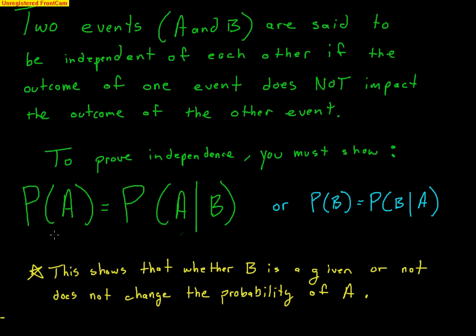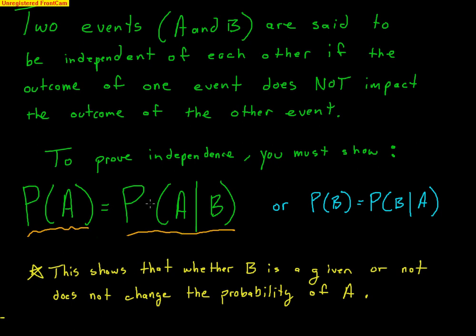If we could prove that the probability of A equals the probability of A on the condition of B, or if we can prove that these are equal probabilities, then it shows that B doesn't impact A. Now some kids get confused by that, so let me explain. On this side over here, I'm finding the probability of A. Easy, okay. On this side over here, I'm finding the probability of A as well, but on the condition that B has already occurred.